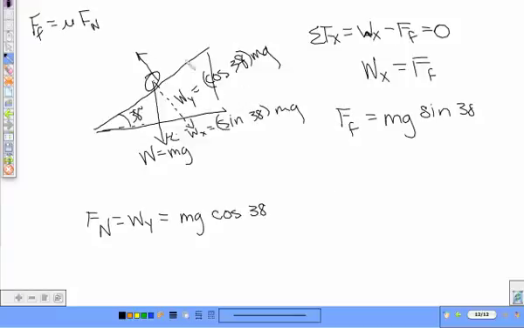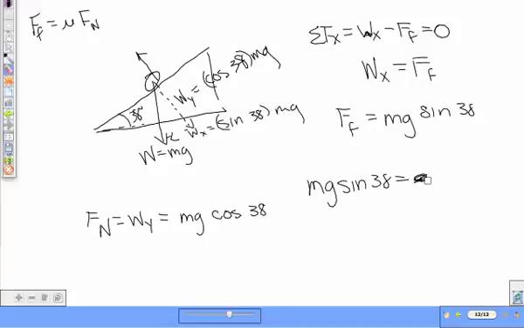So now if we plugged all that in here, we'd have mg sine of 38 equals mu times mg cosine of 38. What can we do?